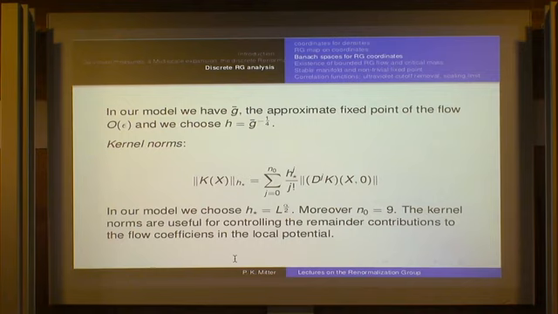So in our problem we choose h as g bar to the minus quarter, where g bar is the approximate fixed point of order epsilon, and h star here, L to the alpha by 2. But the definitions are quite independent of that.